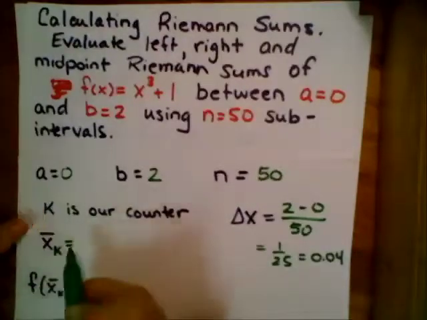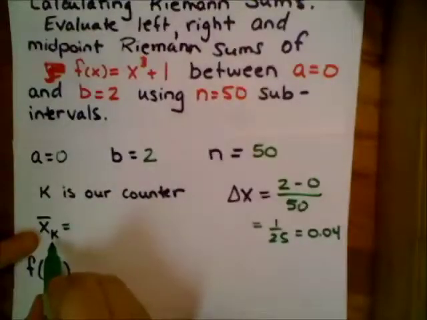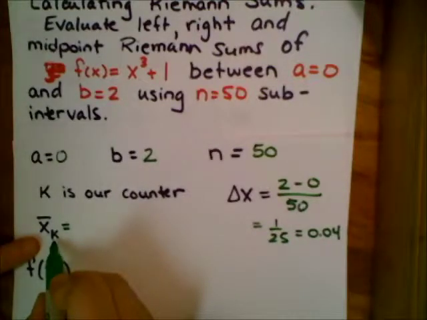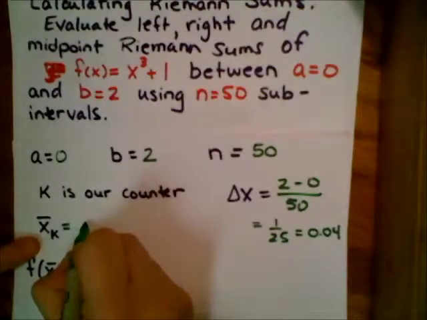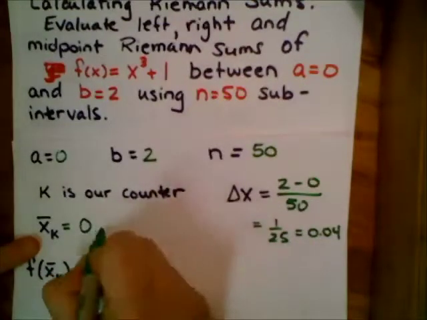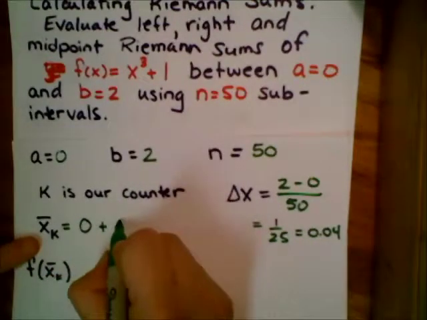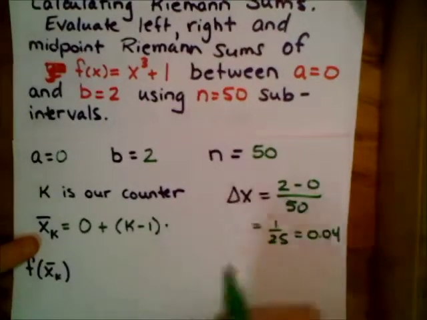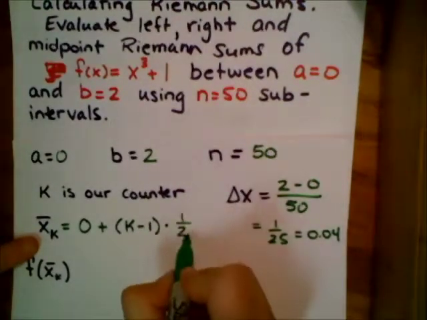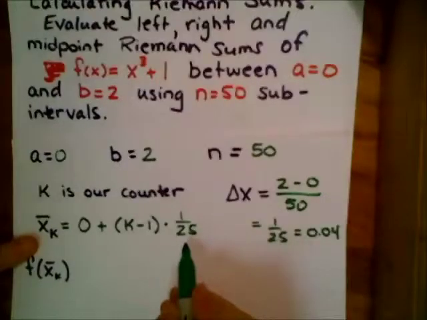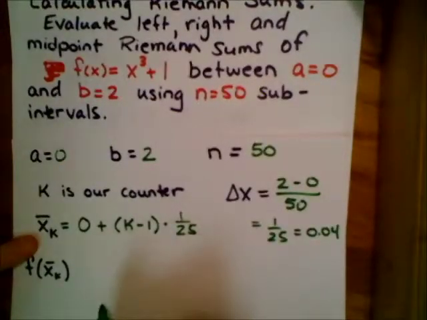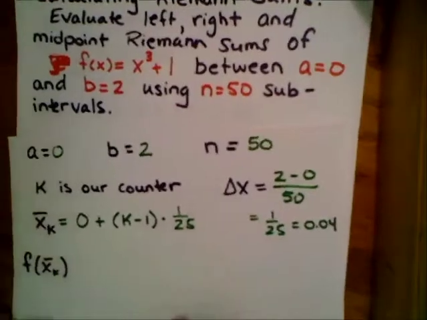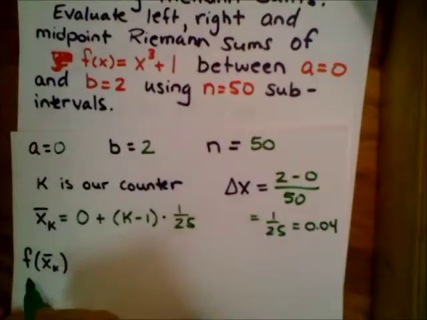The trickier part is to calculate an expression for x bar for the kth subinterval. And if you recall from our definition, we need to take a and add to that k minus 1, this difference, times delta x. You could also use the decimal there. And of course this will simplify. And then once we know what x bar is, we need to apply f to x bar.